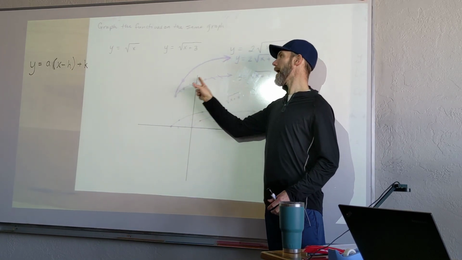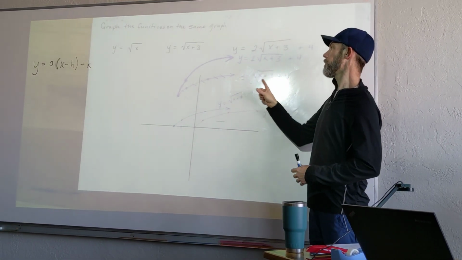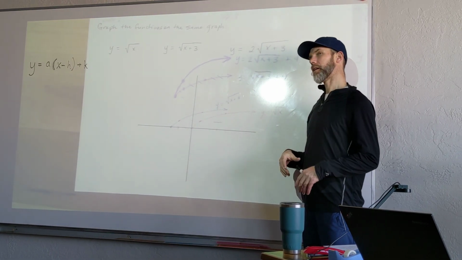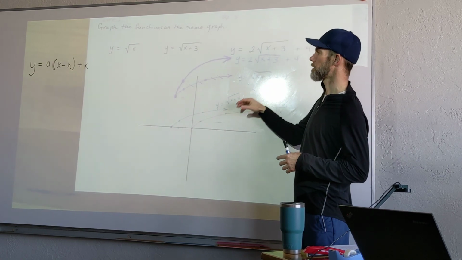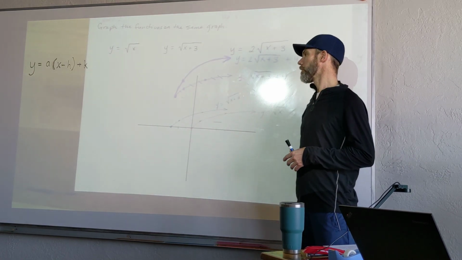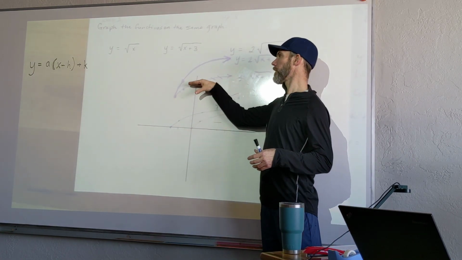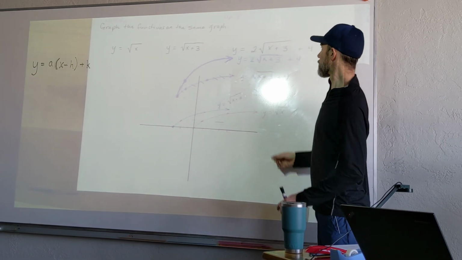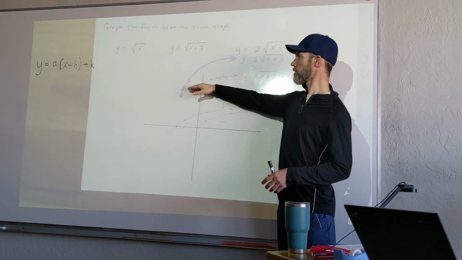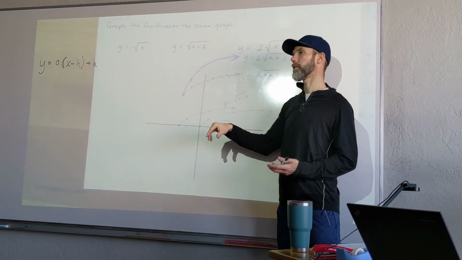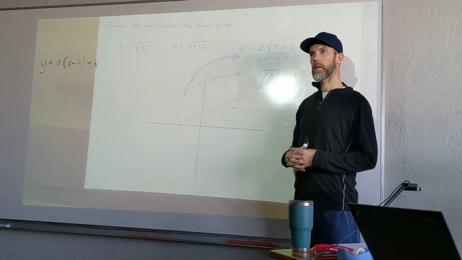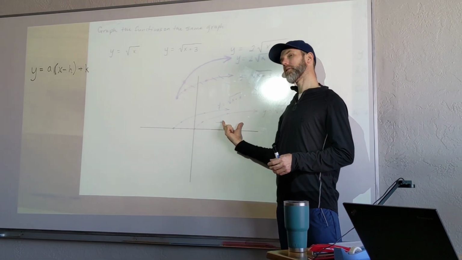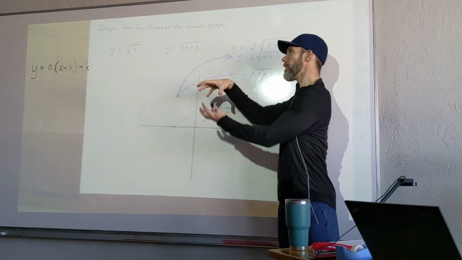That's why I hashed this out and then labeled it, even though I wasn't asked to show this one. So you probably don't have to do that. You could just show this one here. But this is moved over and then up and then stretched. Okay? So up 4, that's of course where these purple graphs start. So this shows the transformation steps. This is the parent function, moved over, moved up, and then stretched.